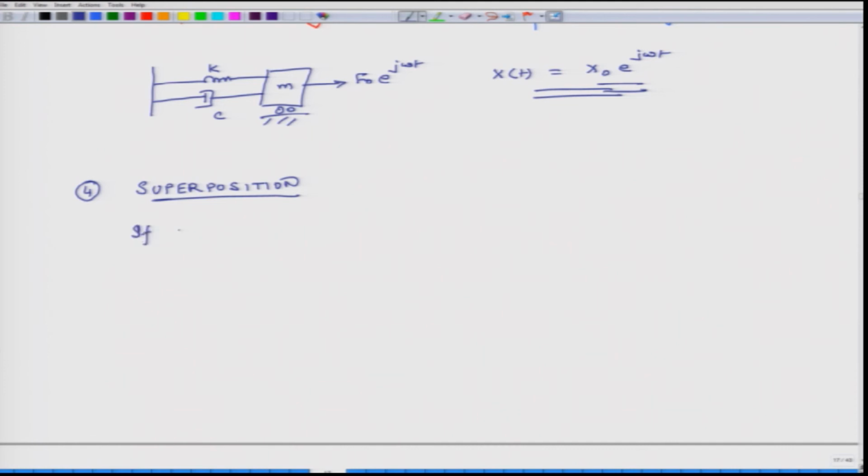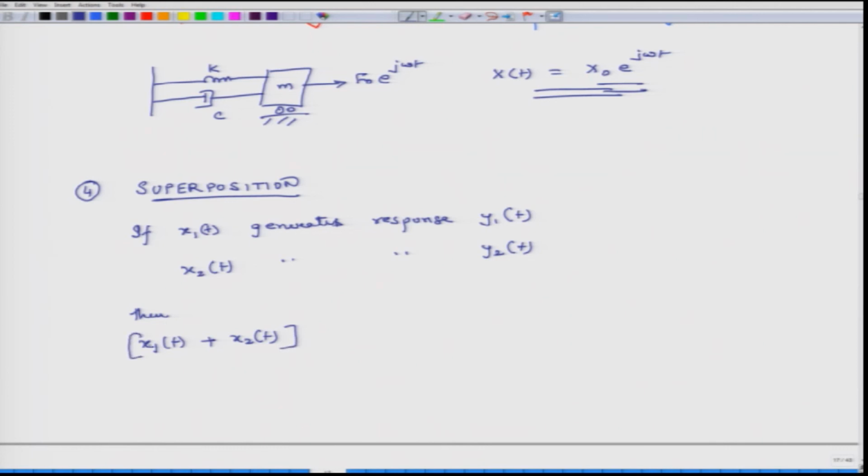That if x1(t) generates response y1(t) and x2(t) generates response y2(t), then x1(t) plus x2(t) together will generate y1(t) plus y2(t).